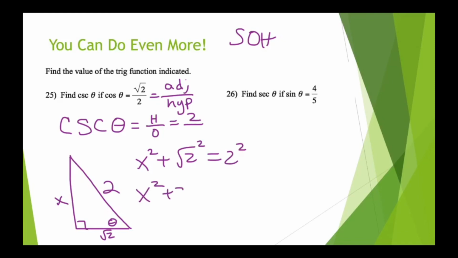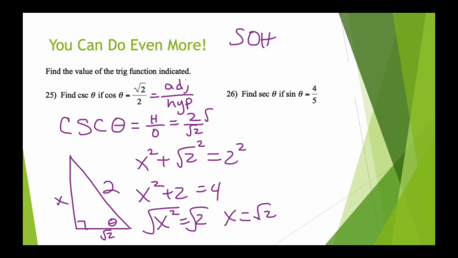X squared plus 2 equals 4. Subtract that over and we'll get 2. X squared equals 2. Take the square root of both sides and we will get x equals the square root of 2. If I put that right in here, I need to rationalize that denominator. We'll have 2 radical 2 over 2. Reduce, we just have the square root of 2. That's the answer for number 25.